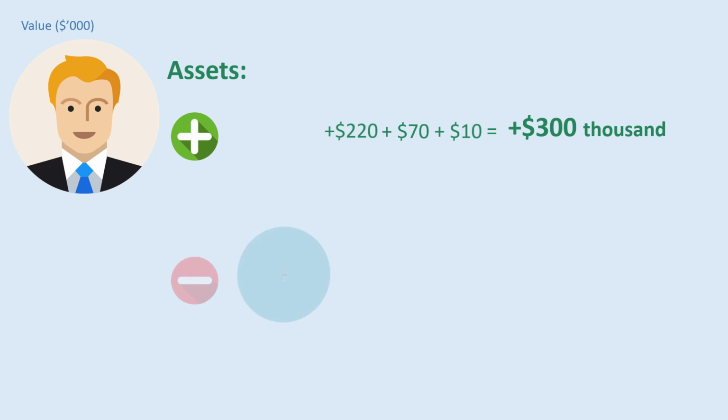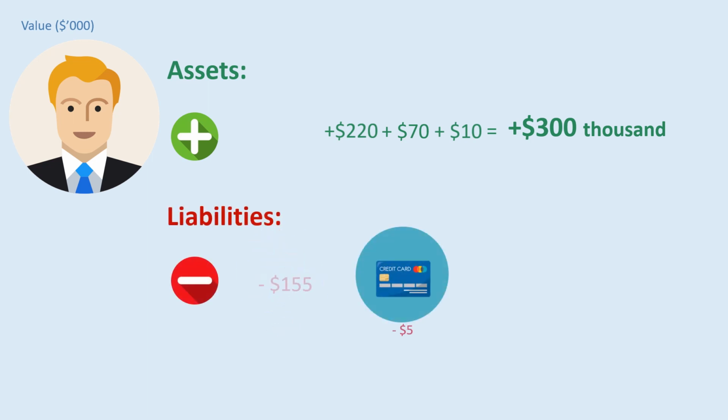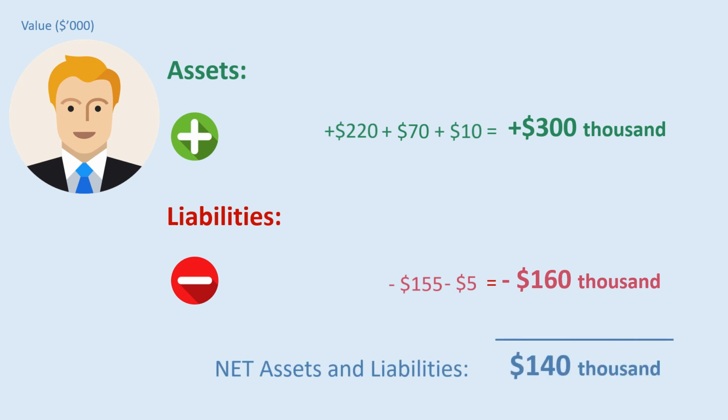John's total liabilities are minus 155 minus 5 equals minus $160,000. One more calculation. John's net assets and liabilities are 300 minus 160 equals $140,000.